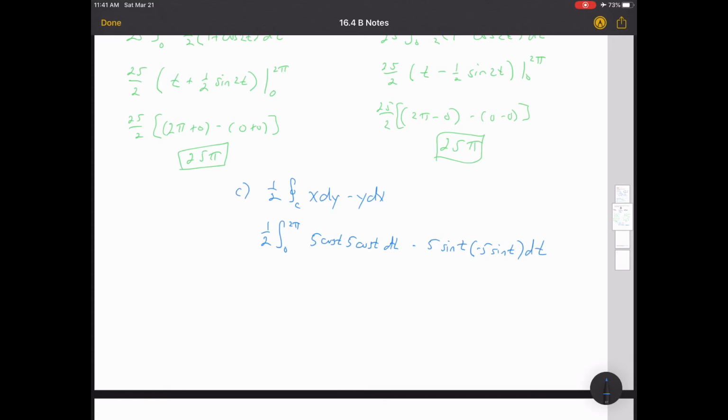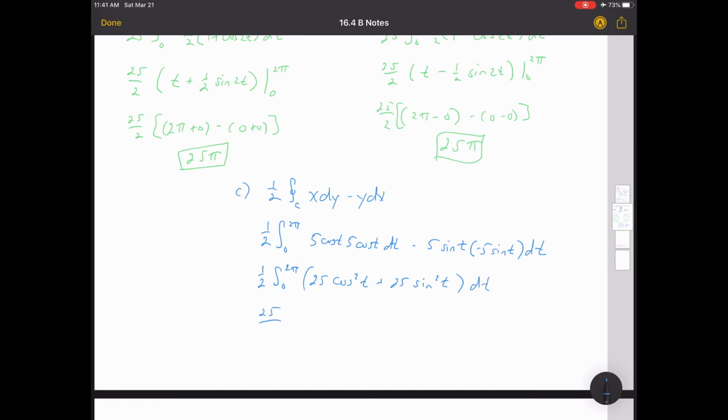And I can pull the dt's off to the right now, so I'm going to have 1/2 integral from 0 to 2 pi of, let's see, 25 cosine squared t. The minus minus becomes plus 25 sine squared t dt. And I can pull the 25 out to the front.